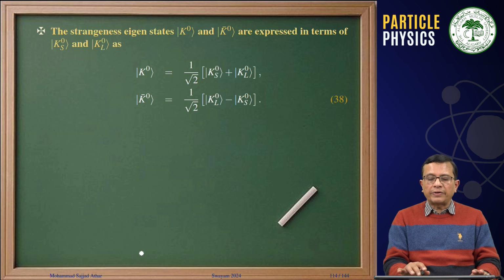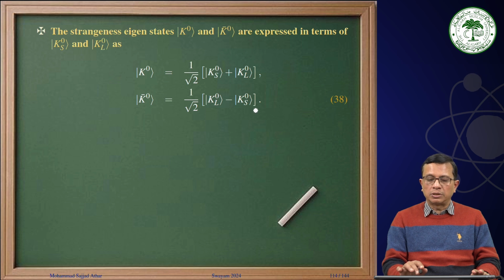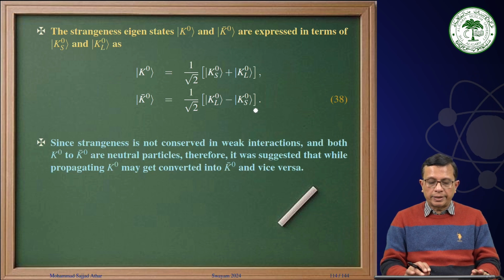Therefore, instead of writing K0 in terms of K10 and K20, we now write K0 as 1 by root 2 (KS0 plus KL0) and K0 bar as 1 by root 2 (KL0 minus KS0). This was K0 minus K0 bar, if you remember correctly.